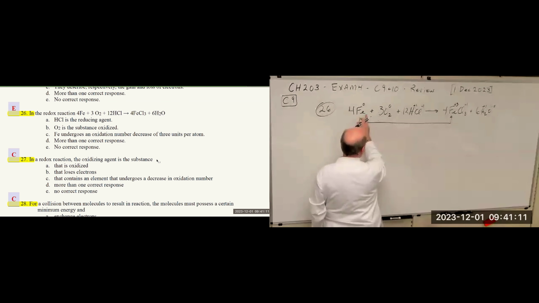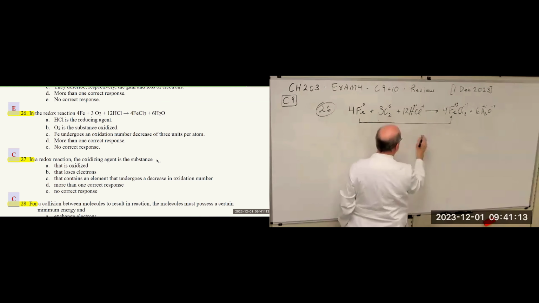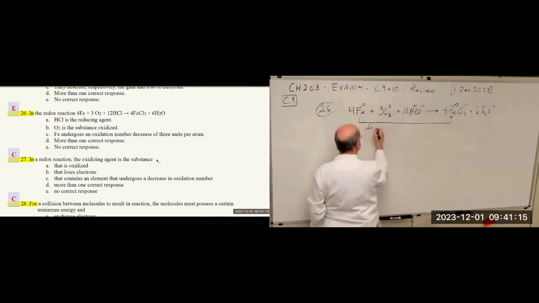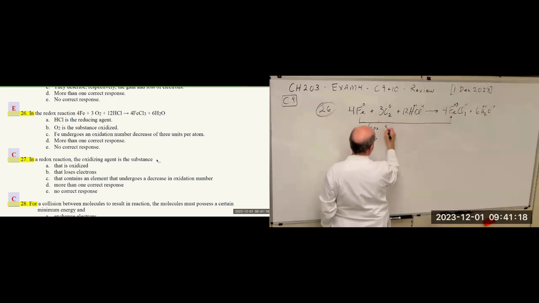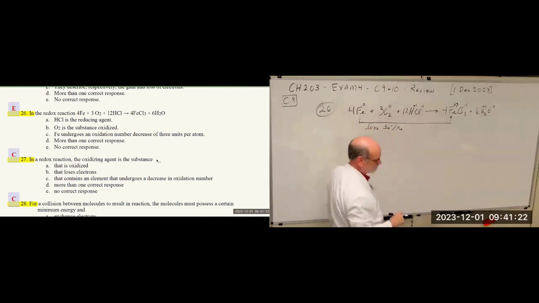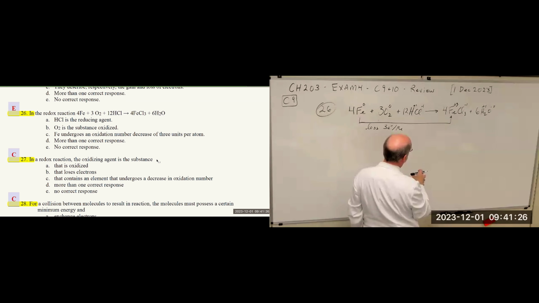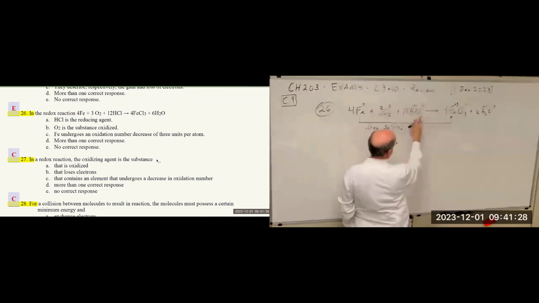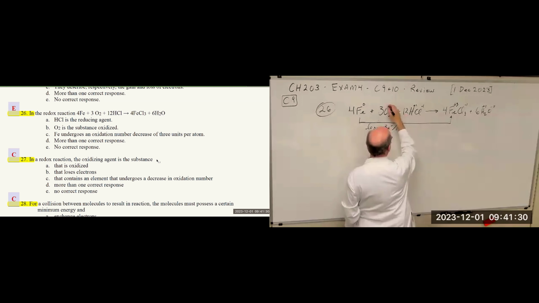Okay, so this iron goes to that iron 3 plus, that means it's a loss. 3 electrons per iron. And that means there has to be a gain somewhere. Chlorines don't, hydrogens don't, oxygen does.